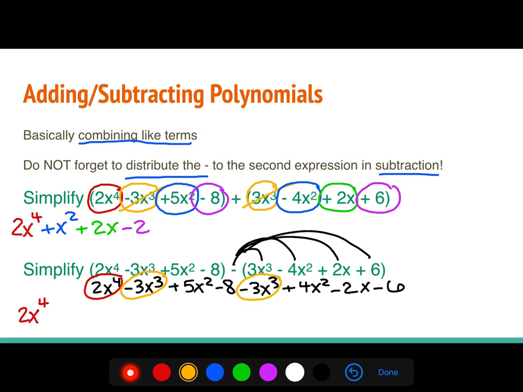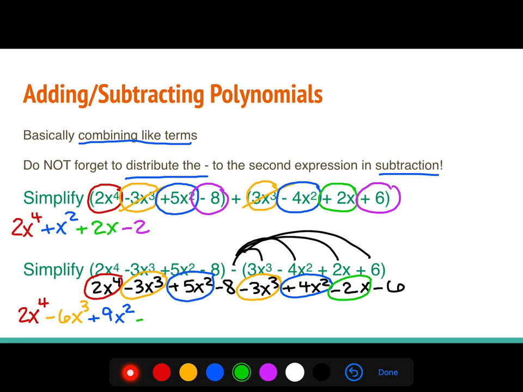So I have a 2x to the fourth. No more x to the fourths. I have a negative 3x cubed and another negative 3x cubed makes negative 6x cubed. Remember, you're only adding the numbers in front.